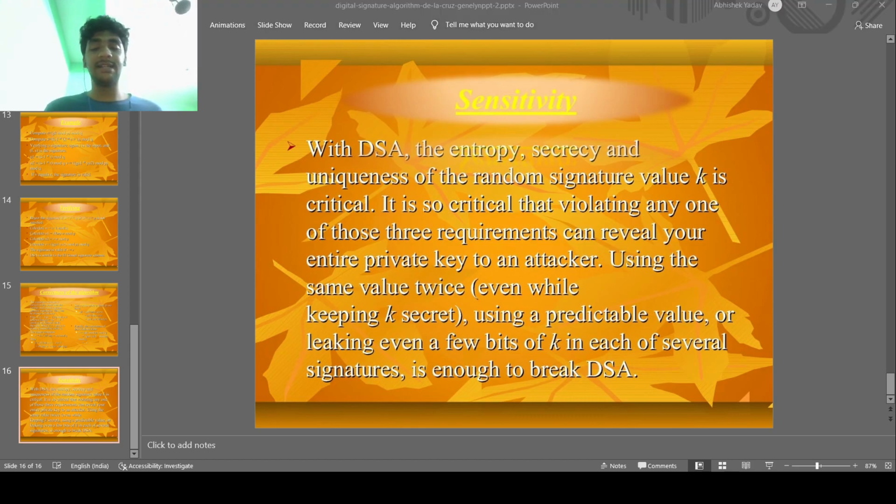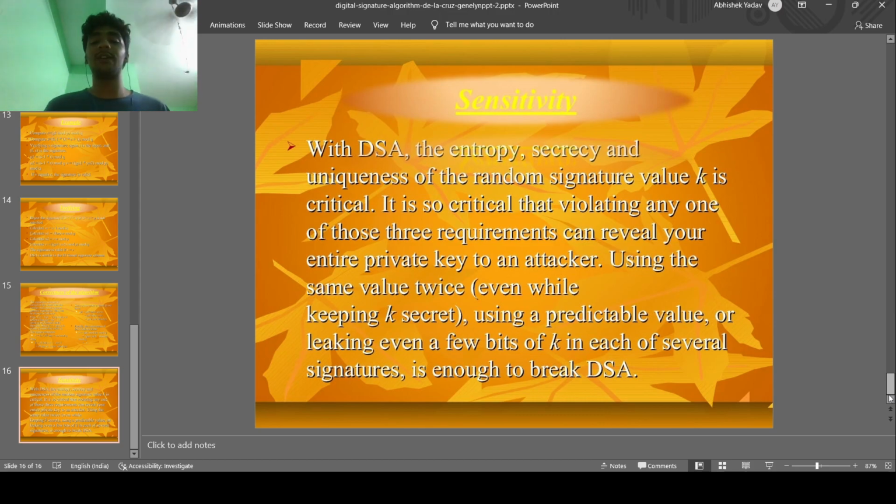Finally, I would like to talk about the sensitivity of this algorithm. With DSA, the entropy, secrecy, and uniqueness of the random signature value k is very critical. The random value k that we generate for every unique message is a very critical and unique key. It is so critical that violating any one of those three requirements can reveal your entire private key to an attacker.